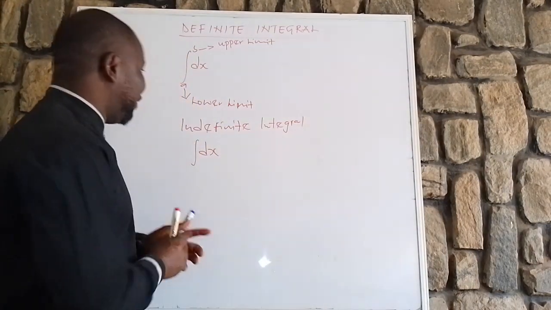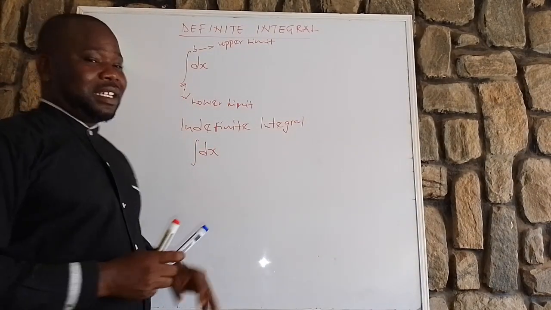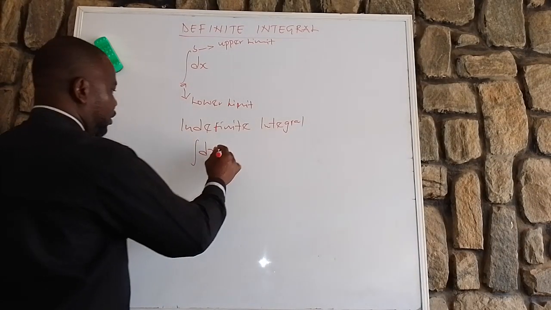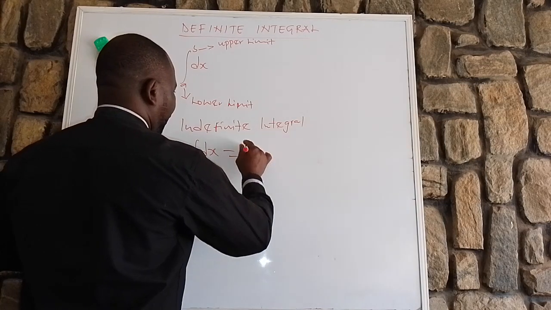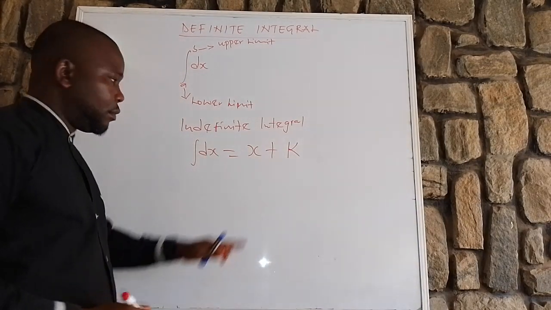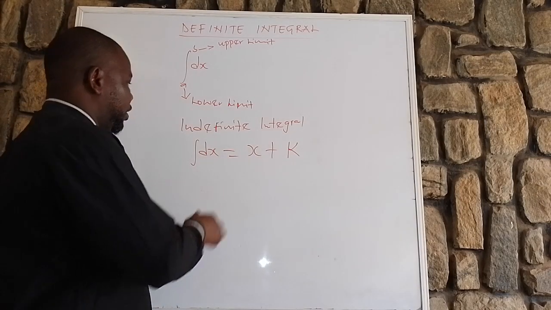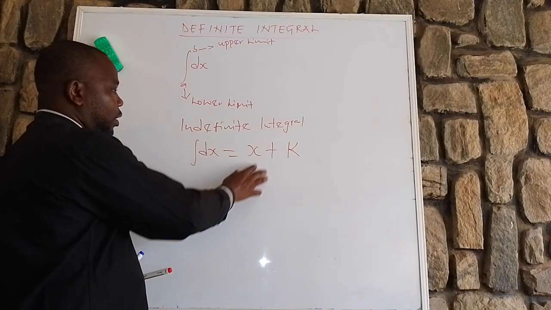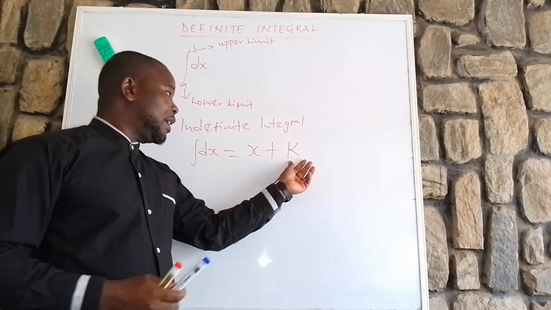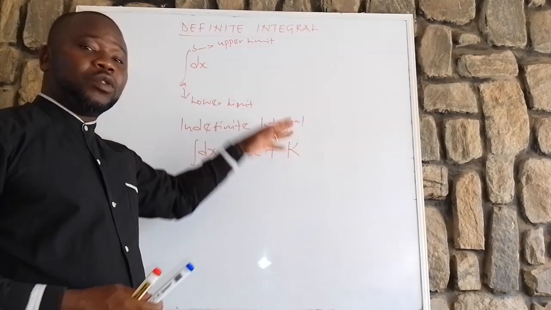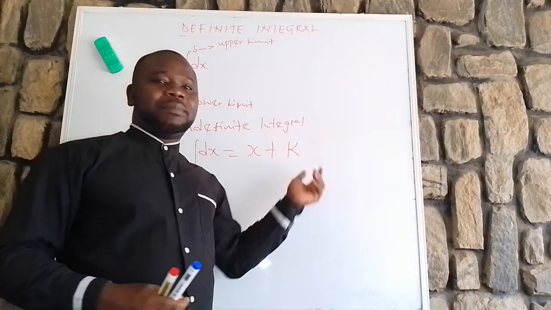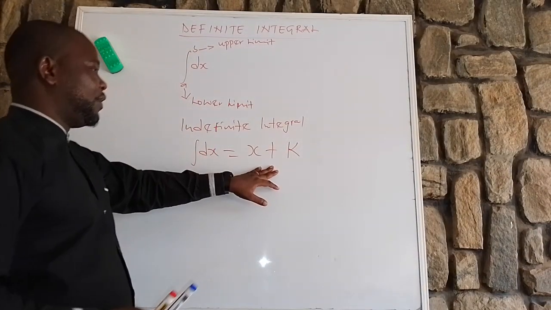That makes it different from definite integrals. Please take note, don't be confused. If you integrate this function, you are going to have x plus any alphabet constant. It could be K, B, C, M, or P, but let it be a capital letter. So you see the difference.